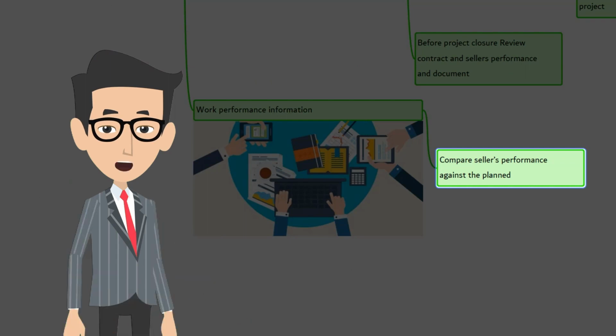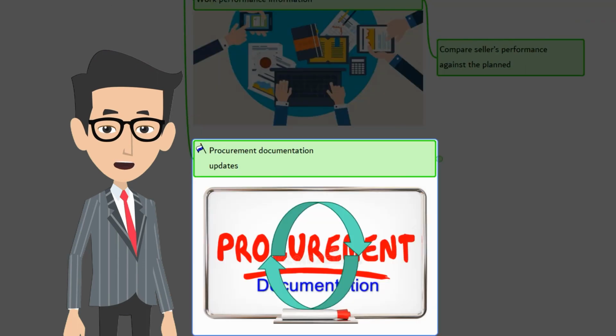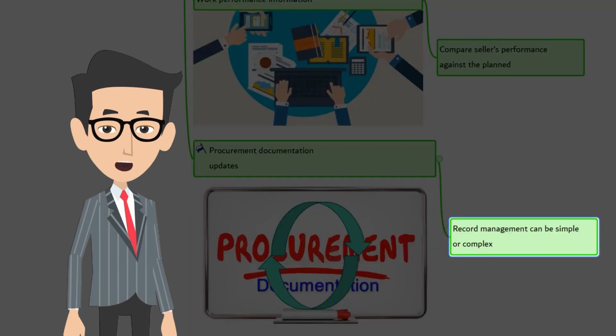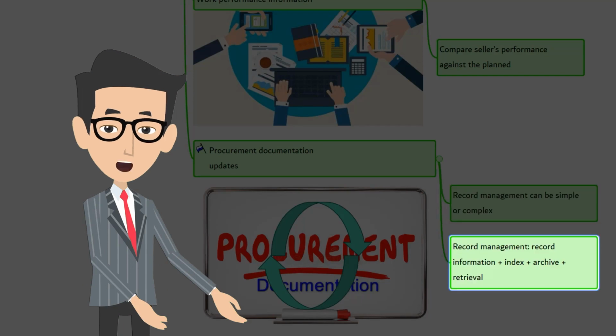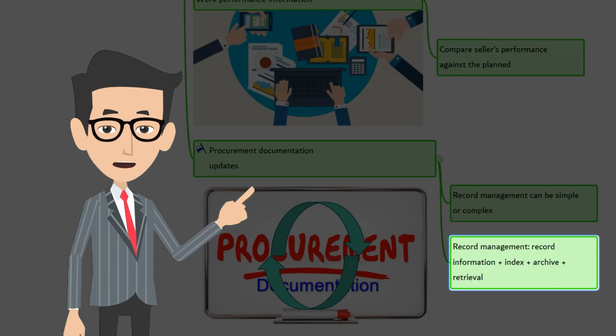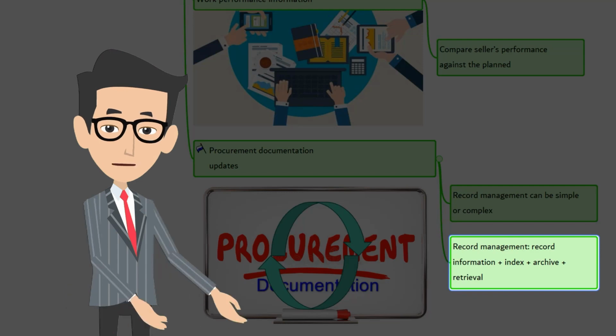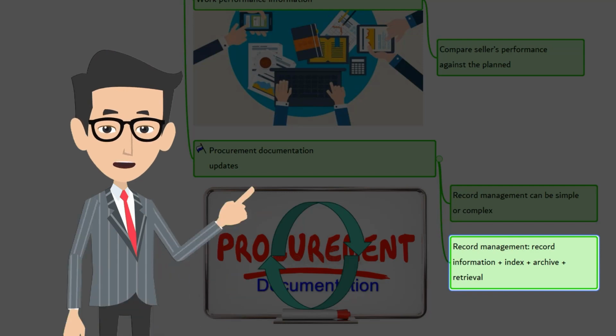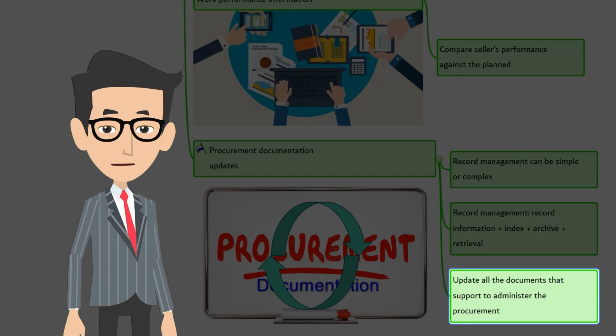Record management can be simple or complex, depending on the project and the type of industry. By the way, a record management system is not only about recording information but also indexing, archiving, and retrieval. As an output of control procurements, the documents that support administering the procurement will be updated, such as scheduling, change requests, and approved change requests.